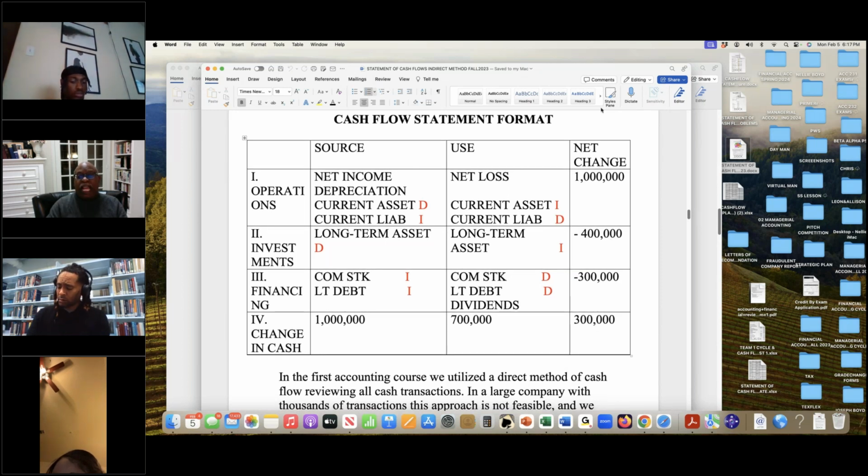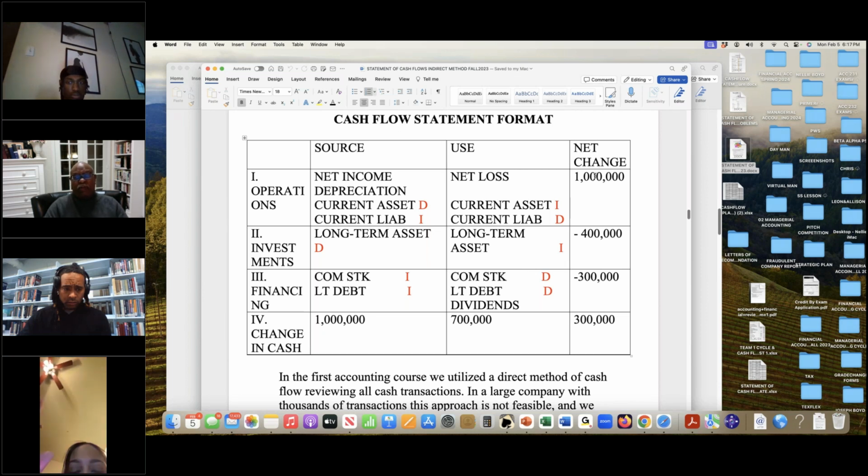So this is your guide in terms of how you analyze a company. Is operations positive? If it is not positive, then the company has a problem.